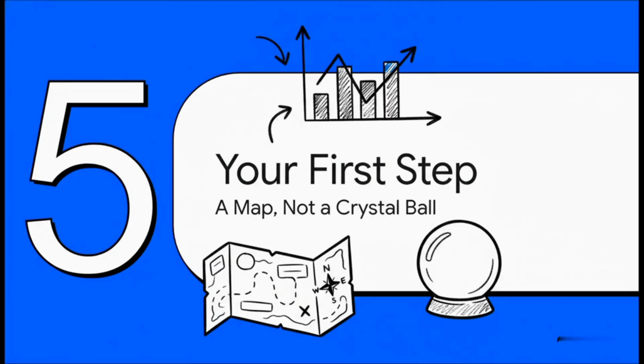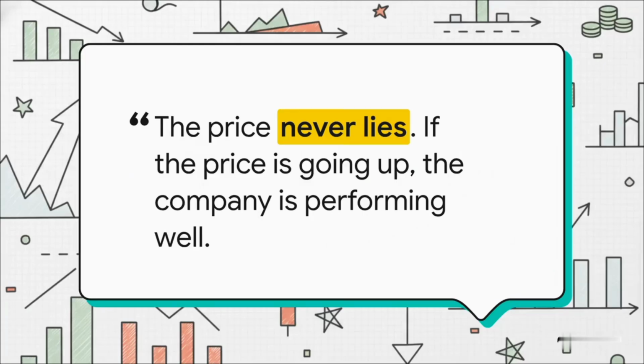So, the big takeaway here is really important. Learning to read a chart is not about predicting the future. It's not a crystal ball. Think of it more like a map. It's a map of where the price has already been, which helps you make a way more informed guess about the most probable path forward. When you really think about it, what you're looking at on a chart is just a visual record of human psychology.